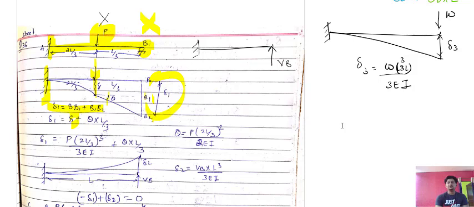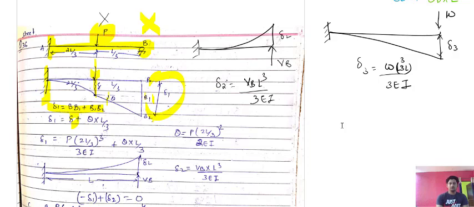For that, what will be the value of deflection? I have taken this value as delta 2, and this will try to deflect the beam like this. So this is the value of delta 2. Earlier it was going downward, and now it is going upward. So the delta 2 value will be load into length cube divided by 3EI.